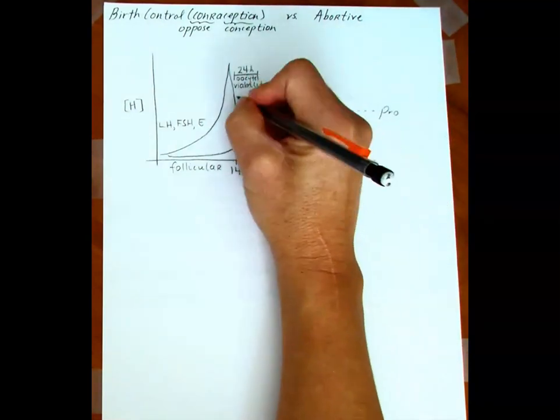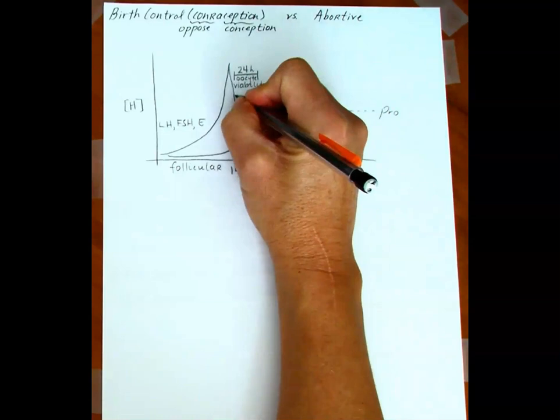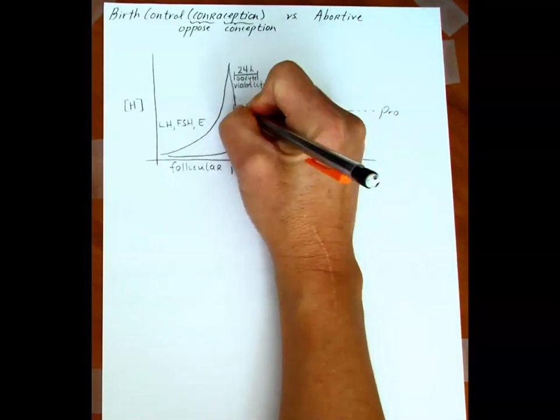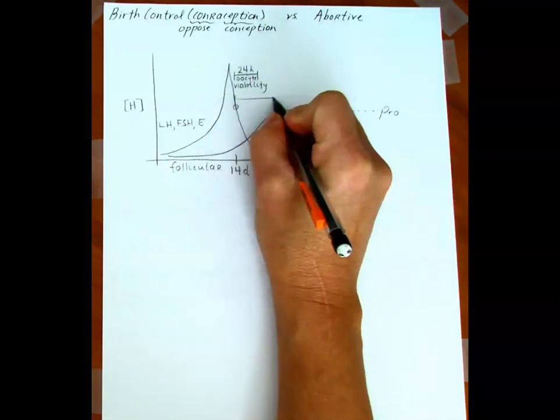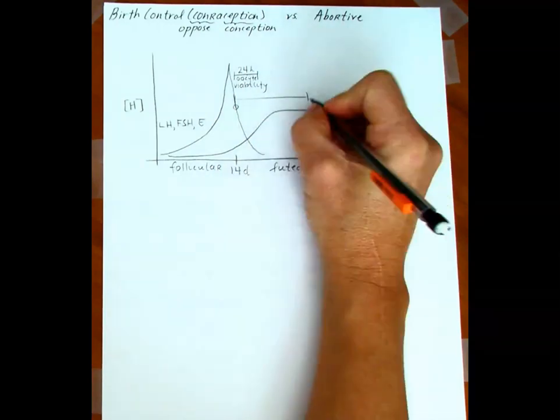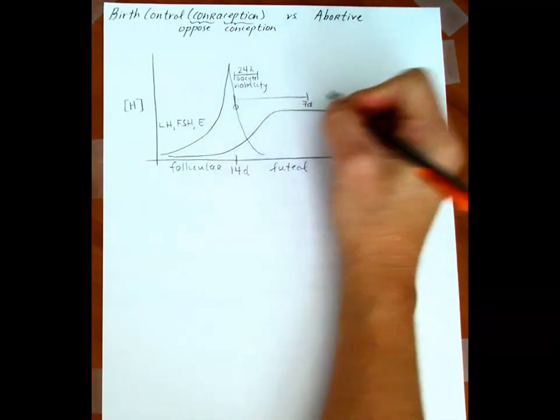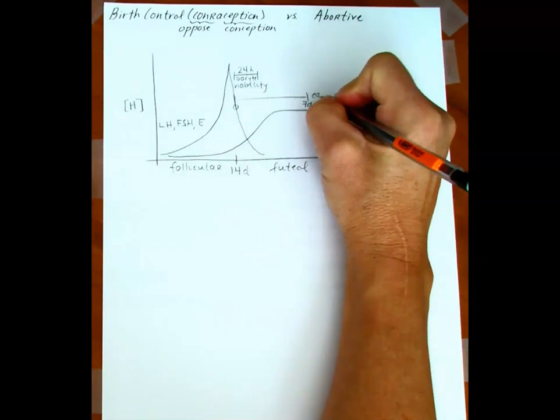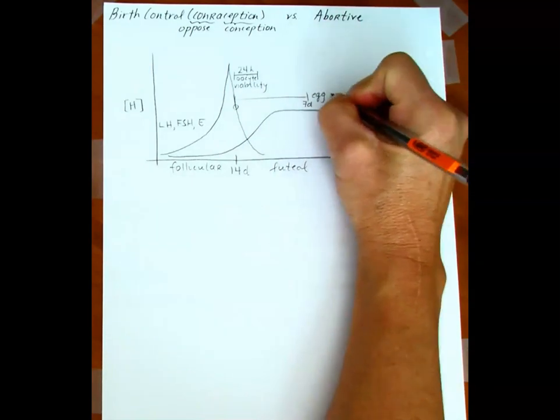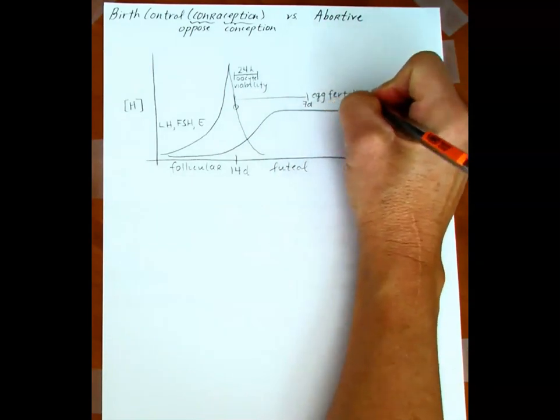So this window I'm drawing here, start with day 0, draw a line. This will represent 7 days where the egg is fertilized, but it is not implanted.